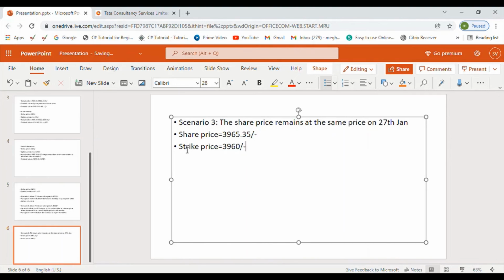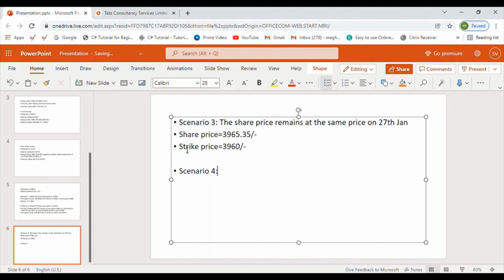So the trade didn't go well in favor of the put option buyer. The share price is still above the strike price, so he has to lose the entire premium he has paid, which will be pocketed by the put option seller. That's how the put option buyer is going to lose in this case, and the put option seller will keep the profit with him.